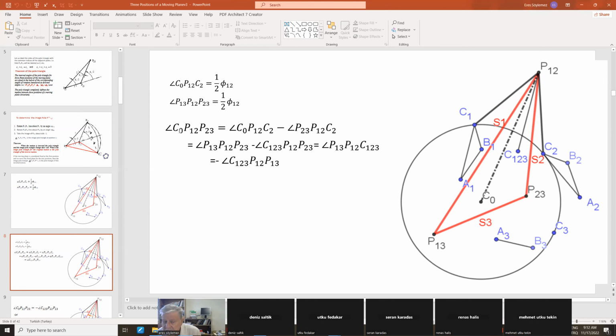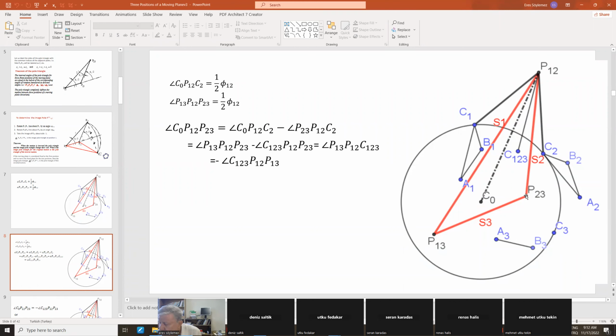Can everybody see that? C0, P12, P23 is equal to C0, P12, C2 minus P23, P12, C2. Now, C0, P12, C2 is 1/2 of 512.